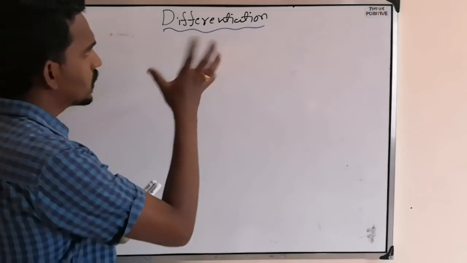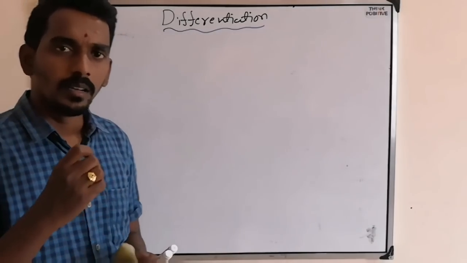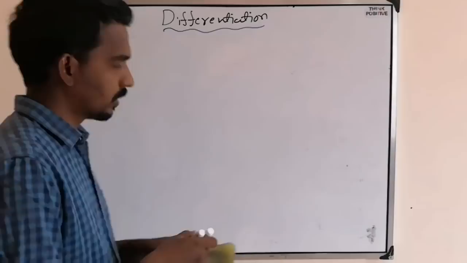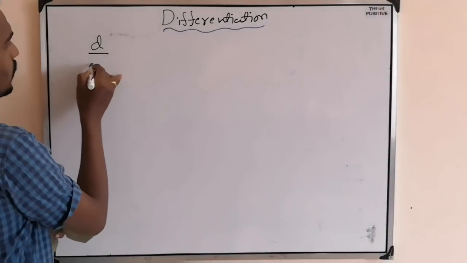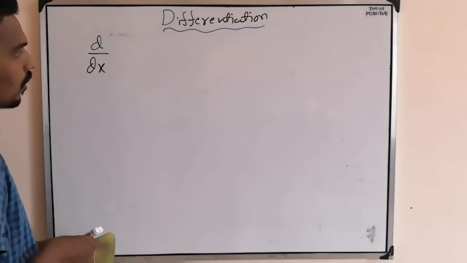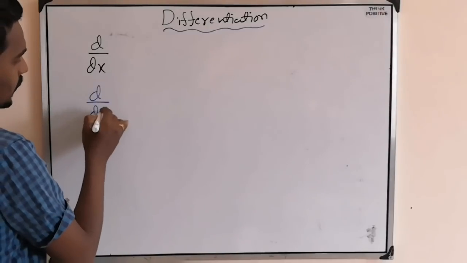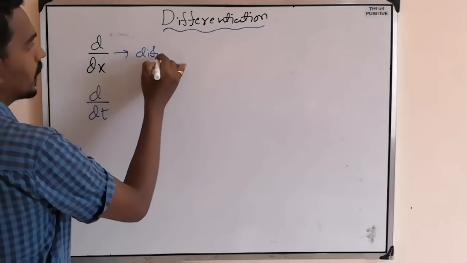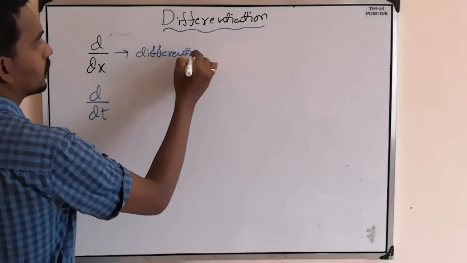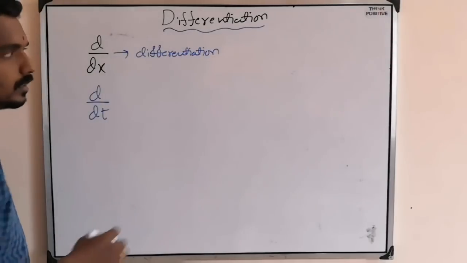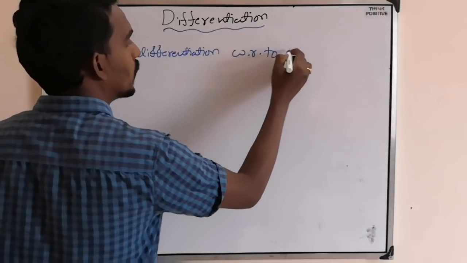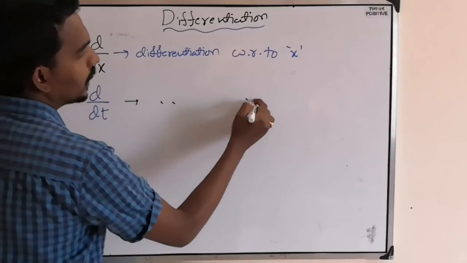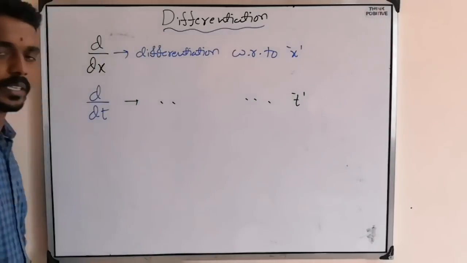First of all, what does the differentiation mathematical phenomenon look like, or what is the representation? See here: d by dx or d by dt. d by dx is called differentiation with respect to x. d by dt is differentiation with respect to t.